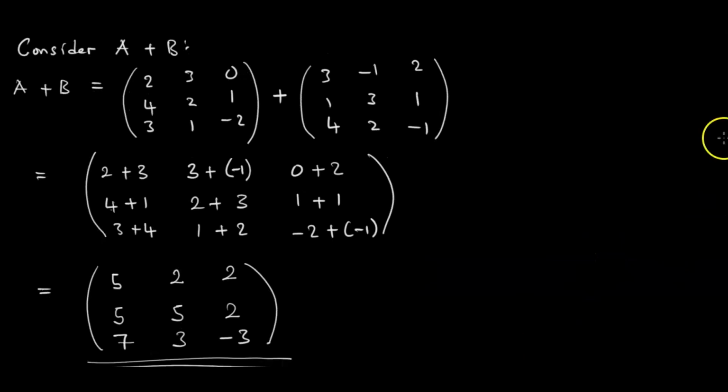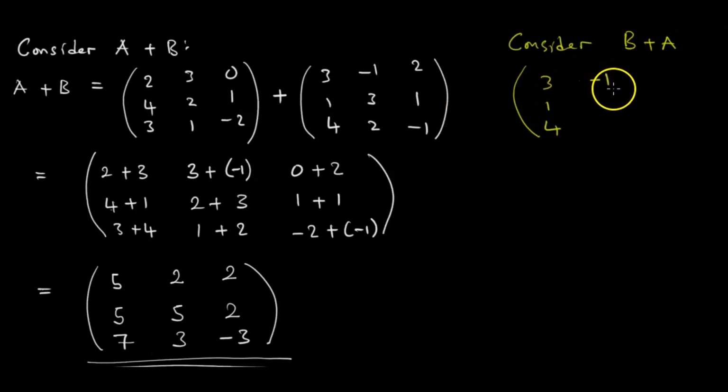Now what do we have to do? Let us now consider, let me use a different color. We now want to consider B plus A. So we know that B is 3, 1, 4. Then it's minus 1, 3, 2.